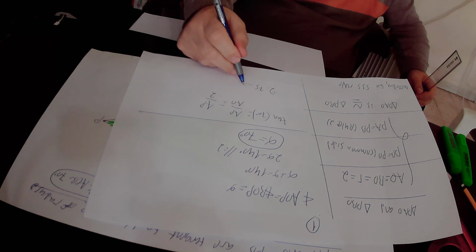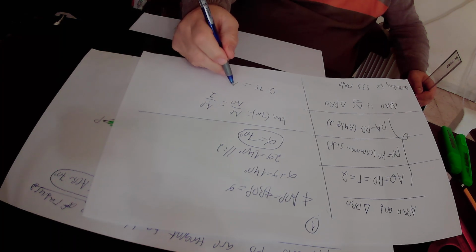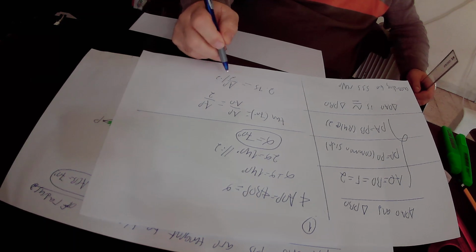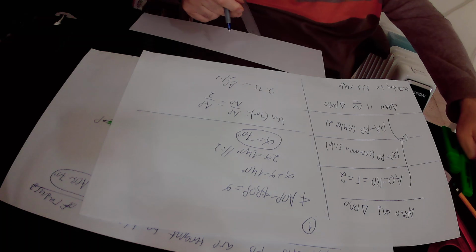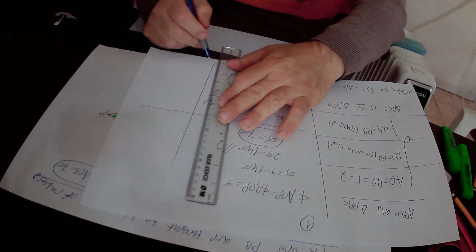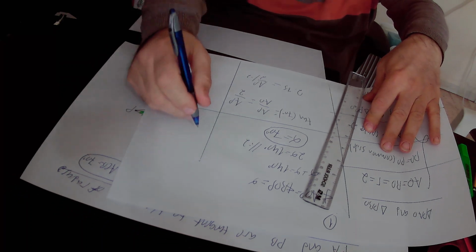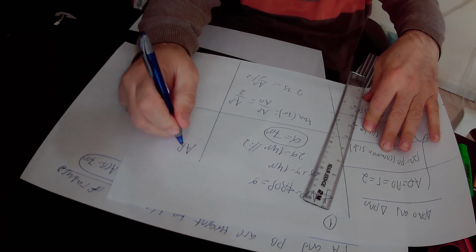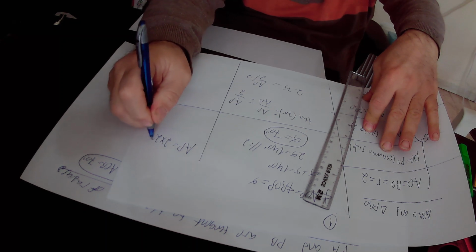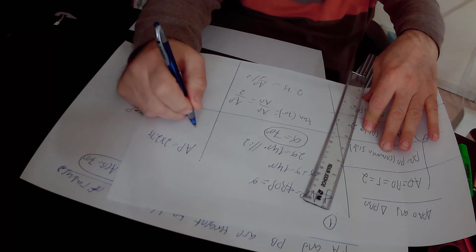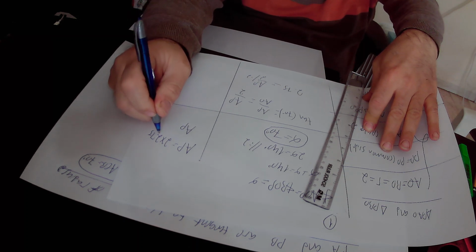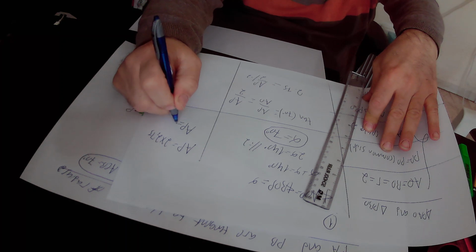So 2.75 equals AP over 2. Here we'll multiply this equation by 2, and finally we will get that AP equals 2 times 2.75. 2 times 2.75 is 5.5.